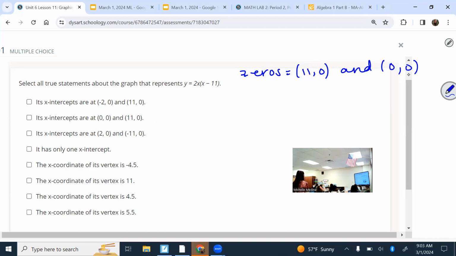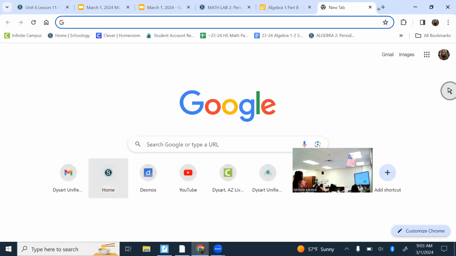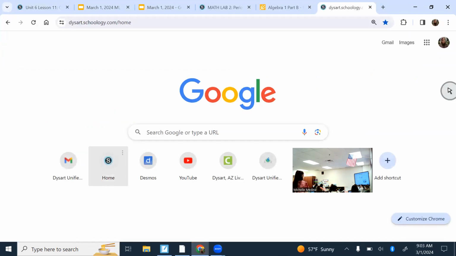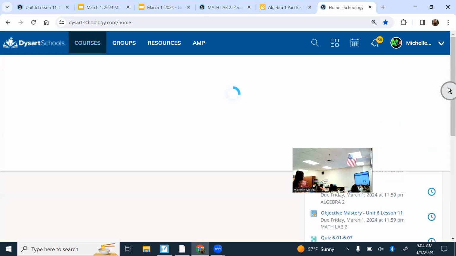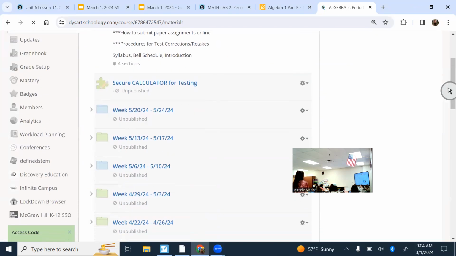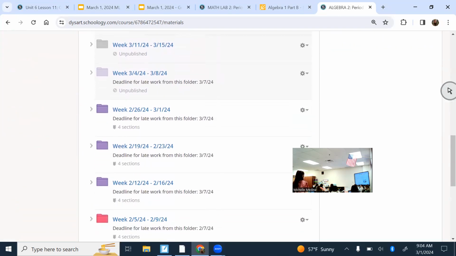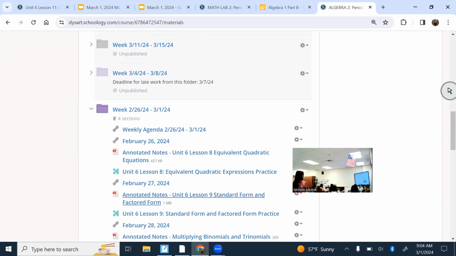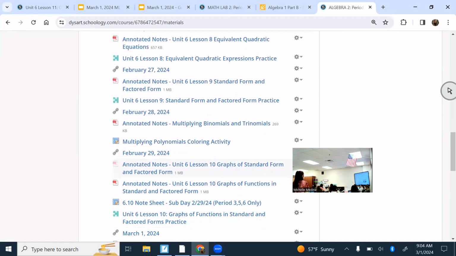In algebra, I haven't yet taught you how to necessarily figure that out algebraically. We've just been looking at patterns that we've recognized. And what we saw in some of our notes, and I'll even show you from lesson 10, is that if it had a single term times a 2 term, that one of the x-intercepts was 0. So let me just show you that so you know I'm not just randomly making it up.